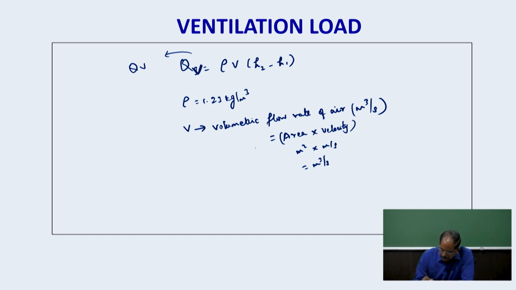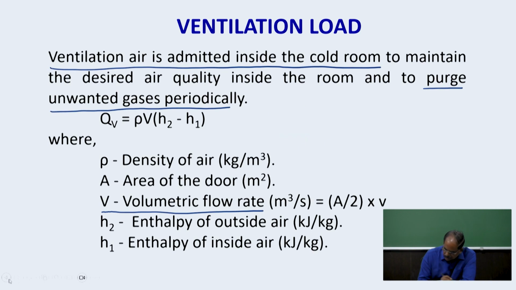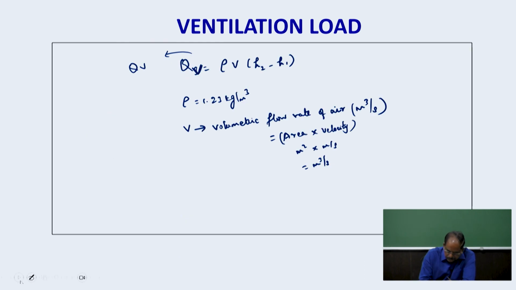So V equal to area into velocity. H2 is the enthalpy of outside air and H1 is the enthalpy of inside air. So this is H2 minus H1. This is how the ventilation load has to be evaluated.